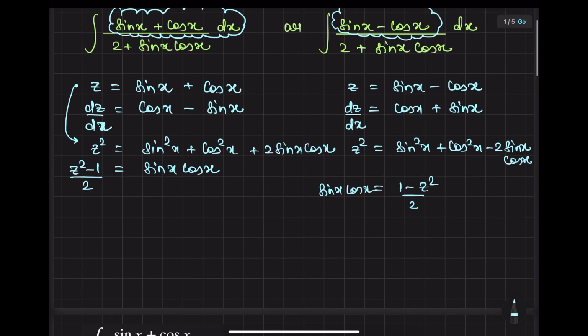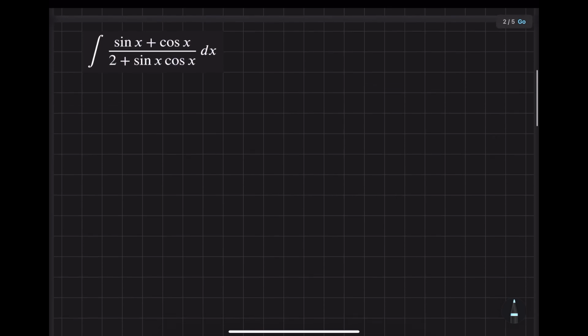Now let's crack this question. Look at the denominator. In the denominator, sin and cos are together, correct? So we can think about the current form. And the numerator is having sin x plus cos x.